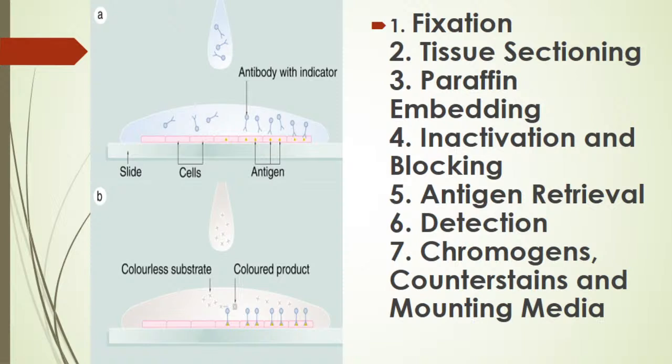As a result of it, we have the coloring. A colorless substance can be identified in some area, and the first steps are the same: fixation, tissue sectioning, paraffin embedding, inactivation and blocking. After that, very important, antigen retrieval. Next is detection and chromogens, counterstain and mounting media.